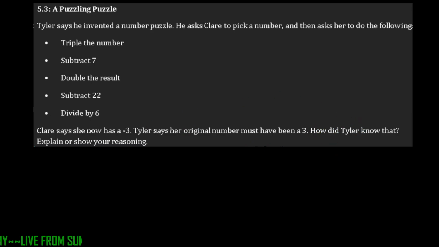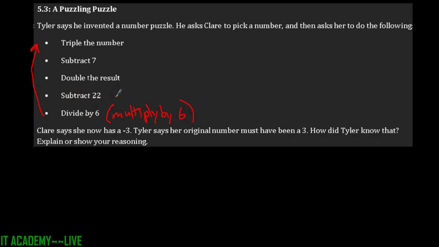What we can do is write our inverse operations next to these steps so that we can work backwards. It's almost like we're going up. I'm going to write the inverse operation: multiply by 6.